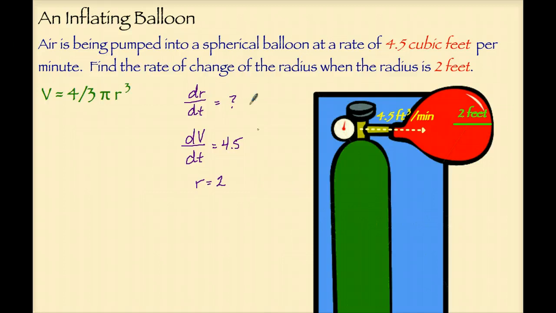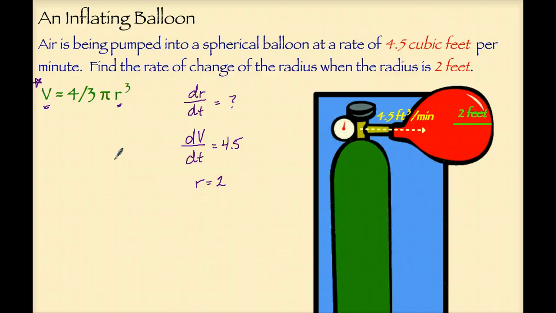Of course, now that we have the quantity that we're looking for and the quantities that we were given, we need a formula, an equation that connects the radius of a sphere to the volume of a sphere. We look through our catalog of known geometric formulas and we find, to our happy relief, the volume of a sphere formula. Notice it connects volume to the radius of a sphere.